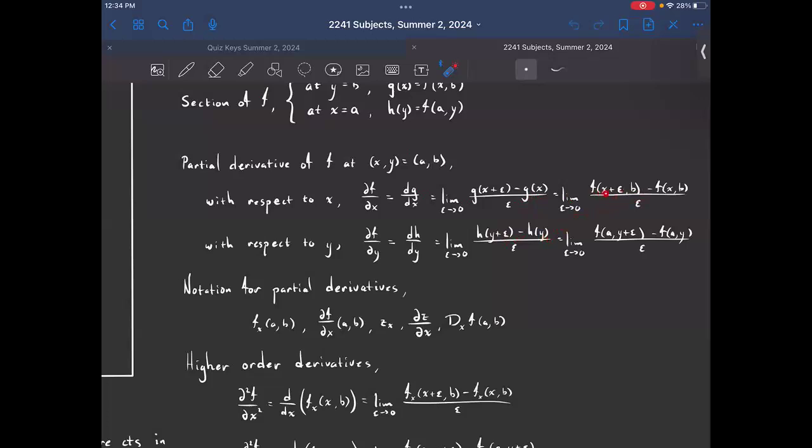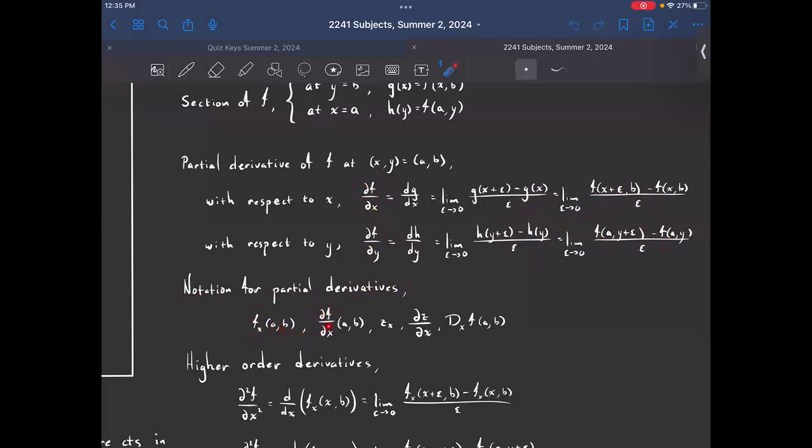If you write things in terms of f, this is how they look here. And then this is the notation that we use right here with this sort of curly d, curly df, curly dx. Usually we just say df, dx, or partial f, partial x. And then some other notation for partial derivatives. We'll have the function with a subscript x, and then the inputs.